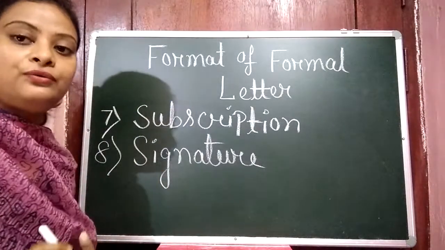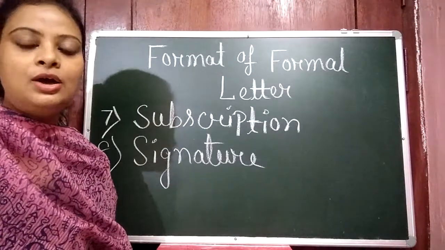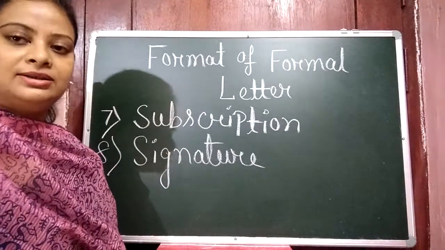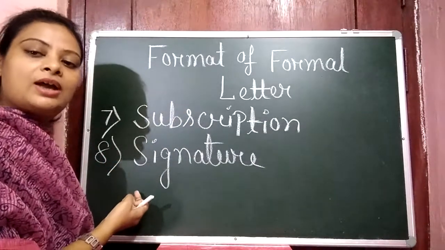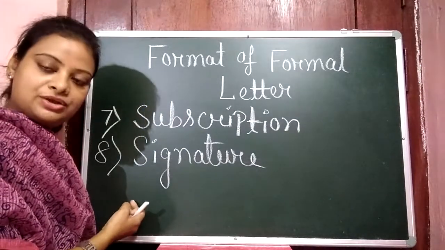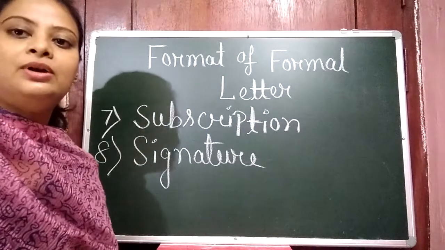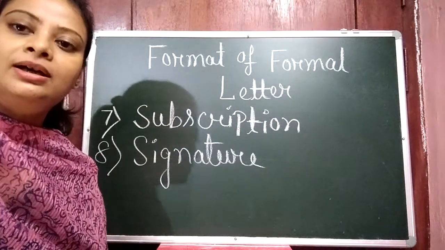You have to write your full name and designation. In case of an informal letter, we are just writing our name, no need to write the surname and designation. But in case of a formal letter, you have to write your full name, meaning your surname, and your designation. Just for example, you are studying in class 5, the 5th standard or 5th grade.